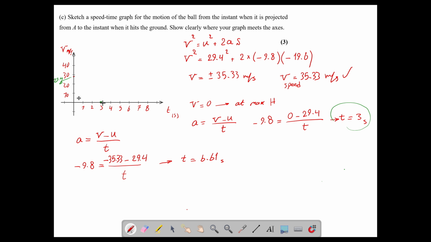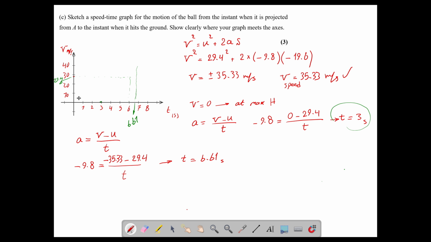After 6 seconds, we reach the same point of projection, so we can find this point as well. Let's say that this point is exactly the same point that we reached the initial projection point.